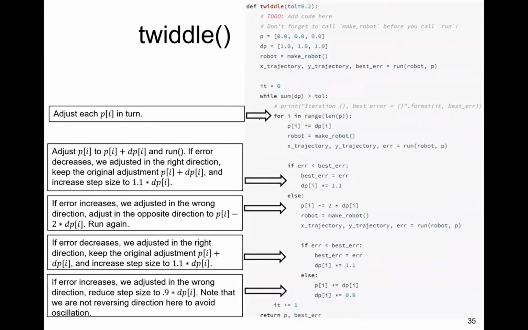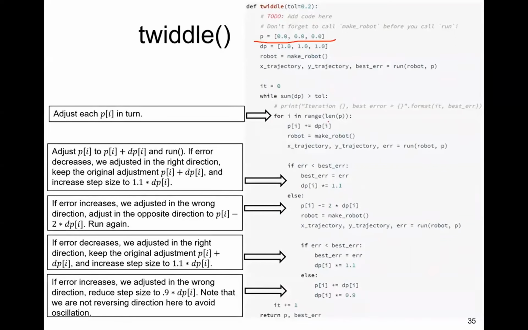So the twiddle function tunes the three PID parameters in turn. The P is in here. It has three control parameters, initialized all to 0. So length P is 3.